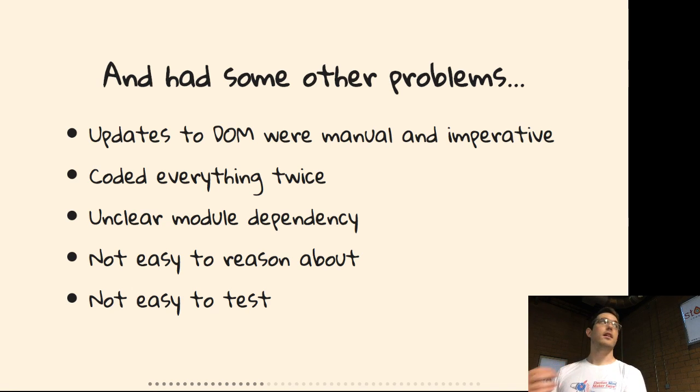That coupling made it really unclear what the dependency structure of your DOM is, and it makes it more difficult to reason about and difficult to test, because there's no way to test what something is supposed to look like without actually running all those functions and checking the output and things like that.